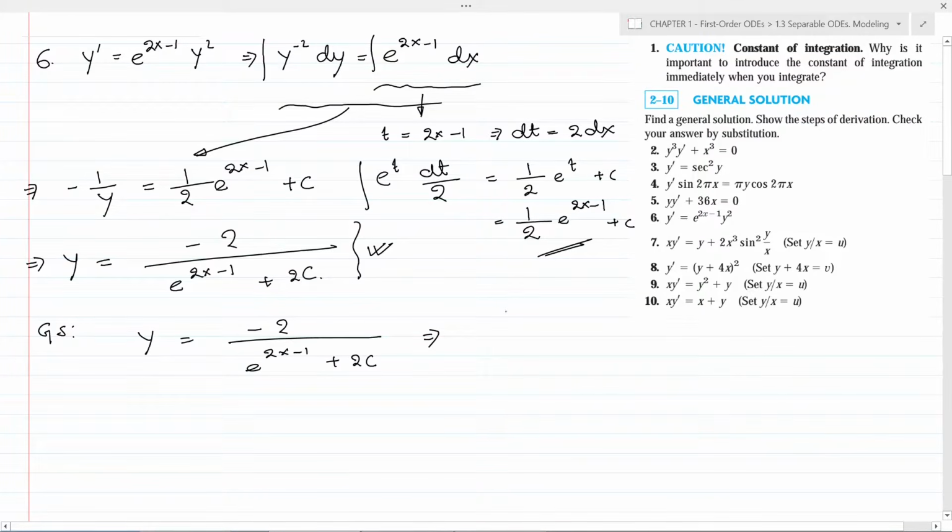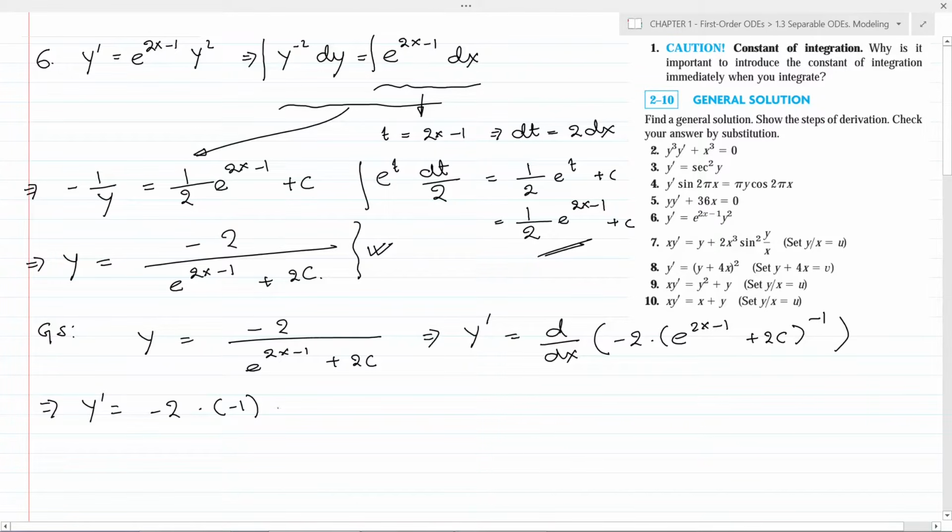Now if we differentiate both sides with respect to x, we get y dash is equal to d by dx of minus 2 multiplied by e to the power 2x minus 1 plus 2c to the power minus 1, which implies y dash is equal to, we bring out minus 2 to the front, then differentiate it using chain rule, e to the power 2x minus 1 plus 2c to the power minus 2 multiplied by e to the power 2x minus 1 multiplied by 2.